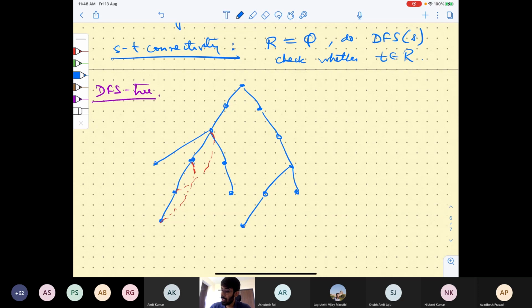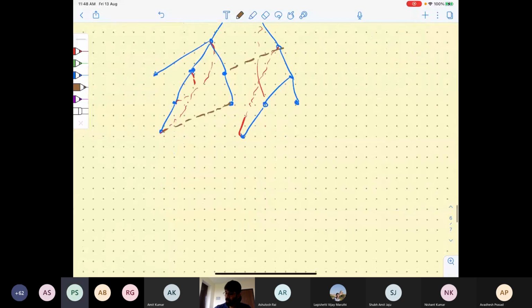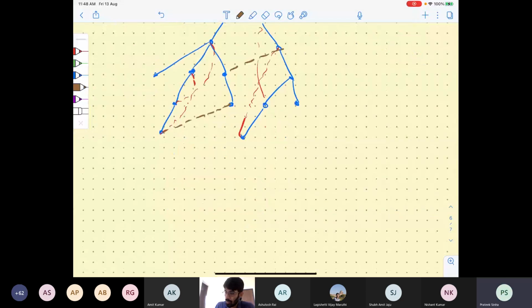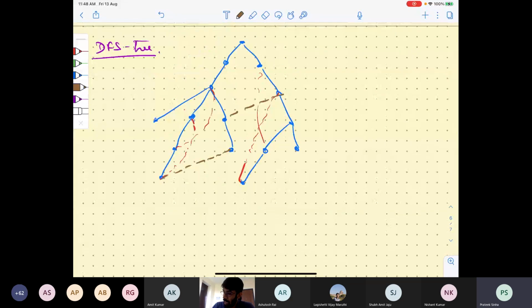So now the question is, just like in BFS, we saw that the edges can only be in immediate layers. Here the edges can be like this, can be like that. But can an edge be like this, or like this? No, because then that particular node would be discovered and it would come under this particular subtree.